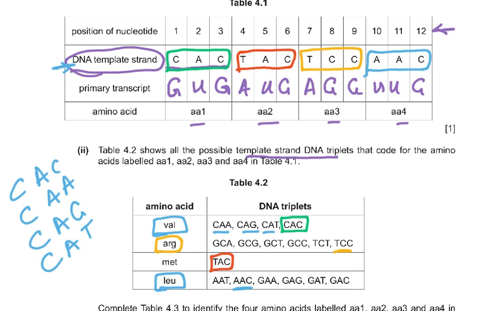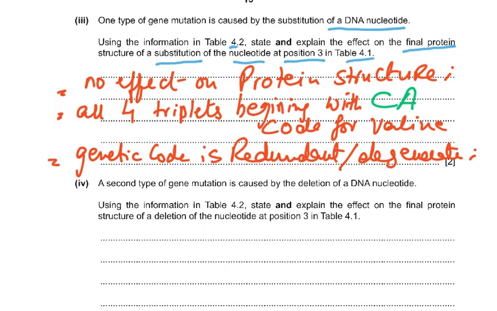Just the third nucleotide changes, CAC, CAA, CAG. So only the third one is changing. You see, CA is remaining the same. So first two nucleotides are remaining the same. The third nucleotide changes, and this is meaning the genetic code is redundant. So no effect on protein structure. All four triplets beginning with CA code for valine. Genetic code is redundant / degenerate.